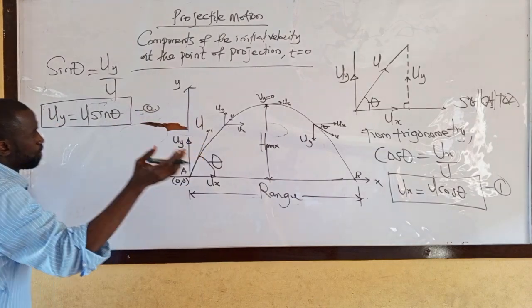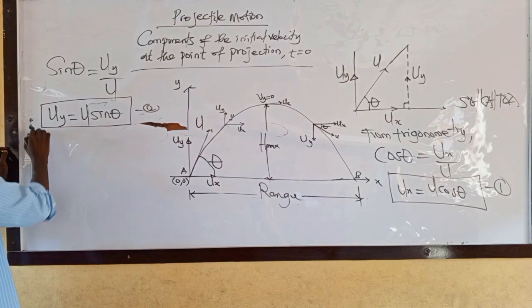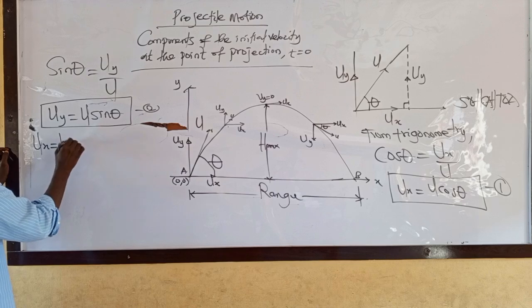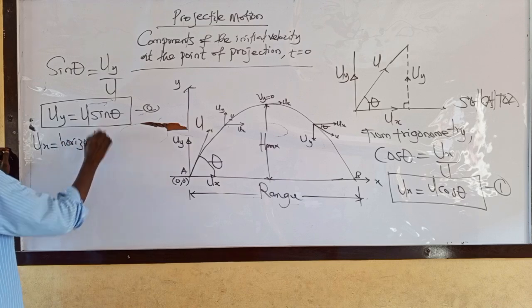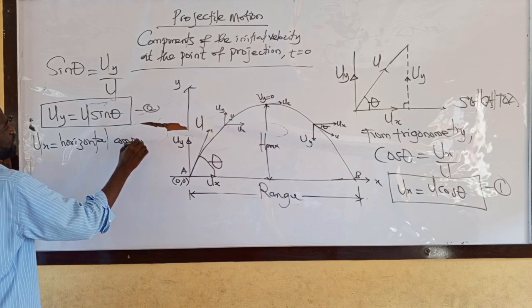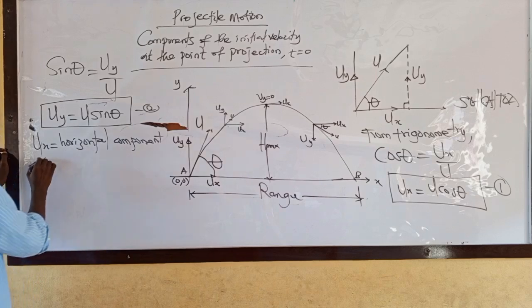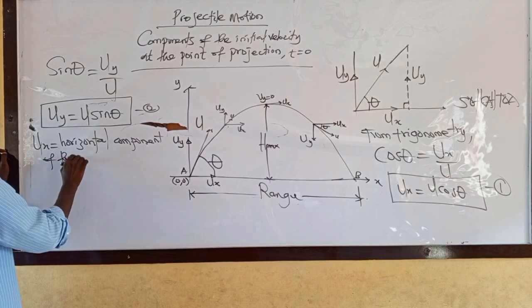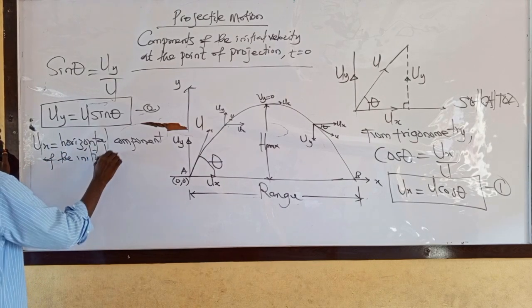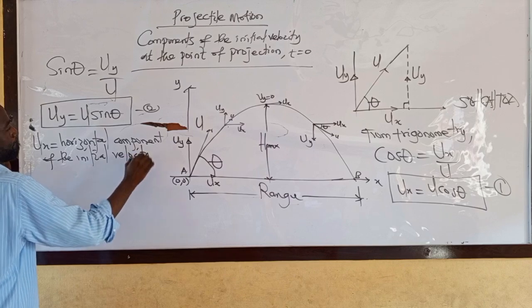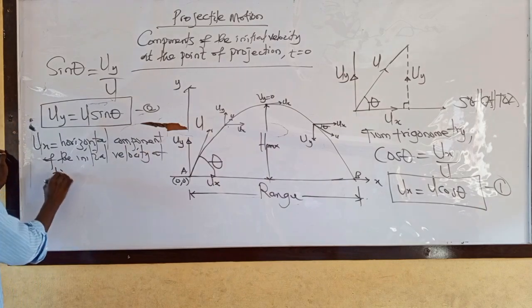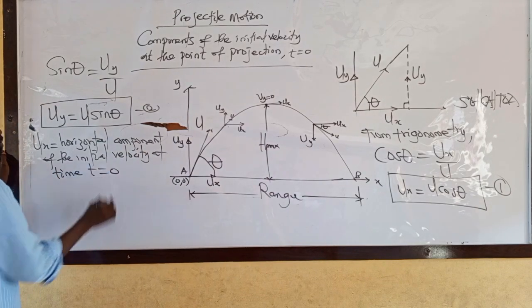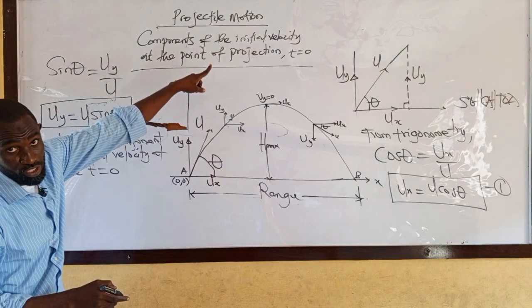So let's define. u of x is the horizontal component of the initial velocity at time t equals 0, which is the point of projection.